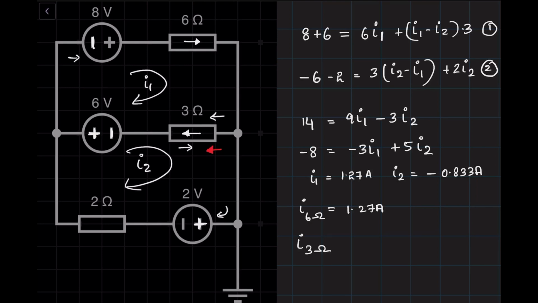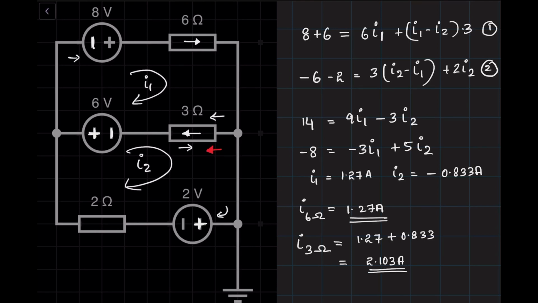What will be the value of that current? It should be the sum of the magnitudes of I1 and I2. Understood? That means you have to add 1.27 plus 0.833. Why? Because we already considered the direction. Now you don't have to put the negative, and the current flowing through 3 ohm will be equal to 2.103 ampere.